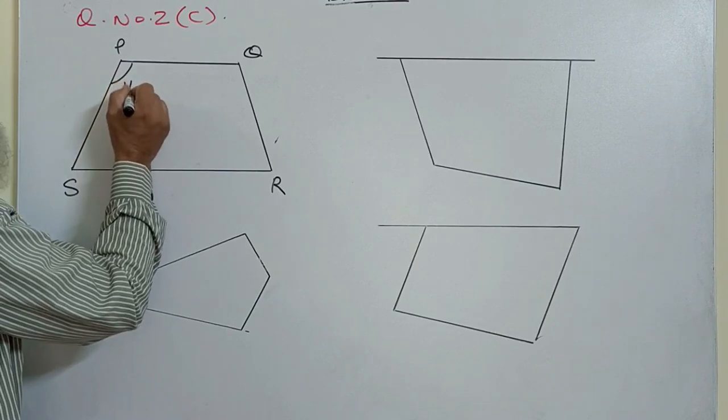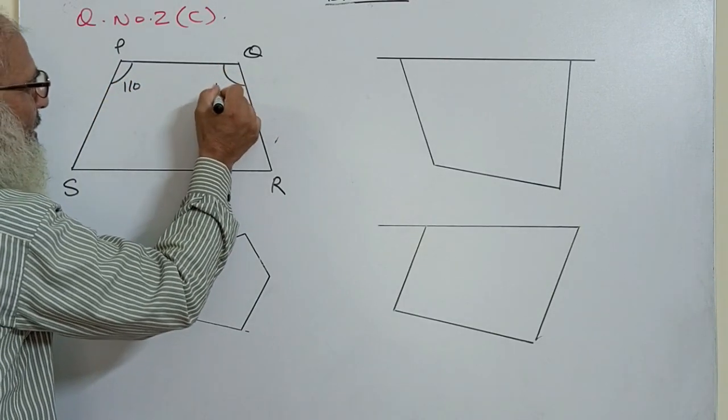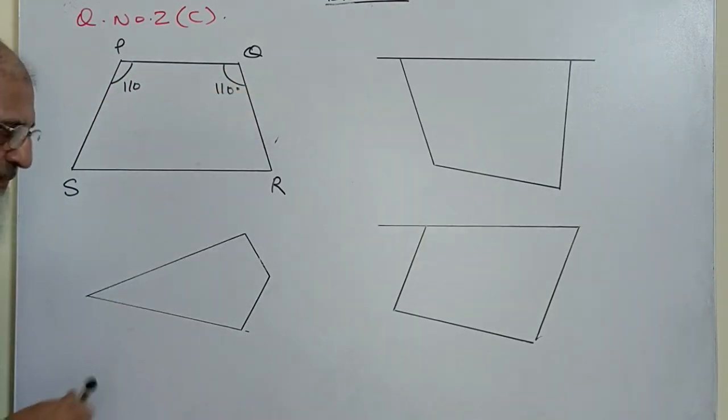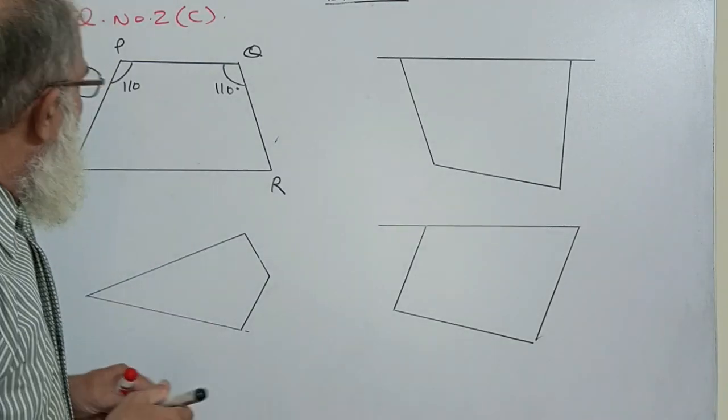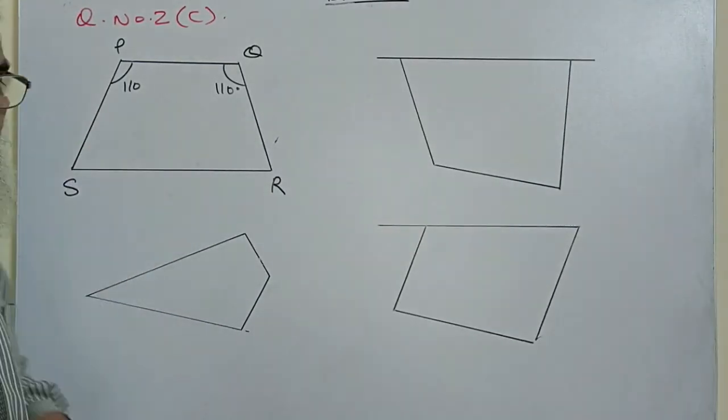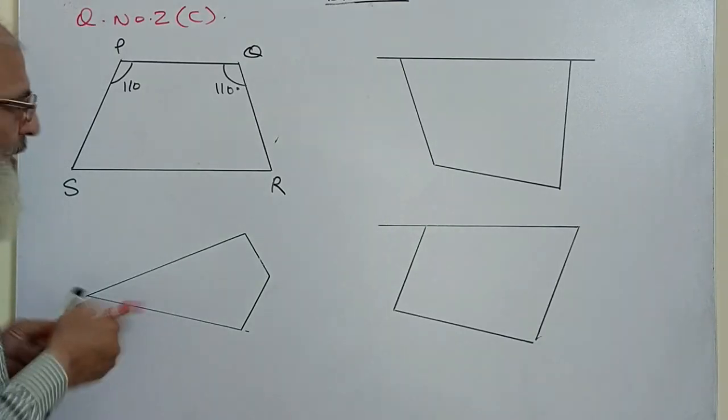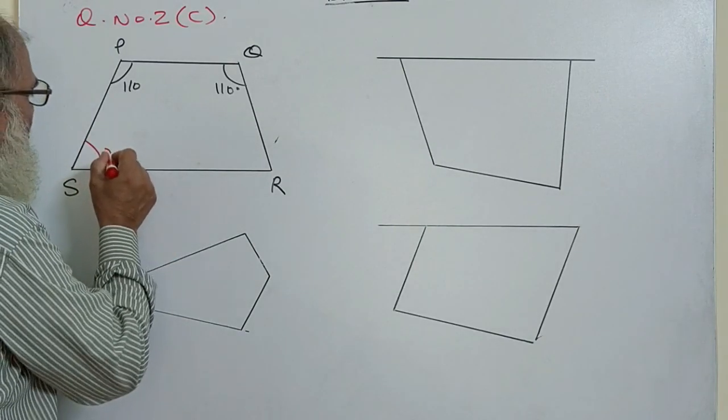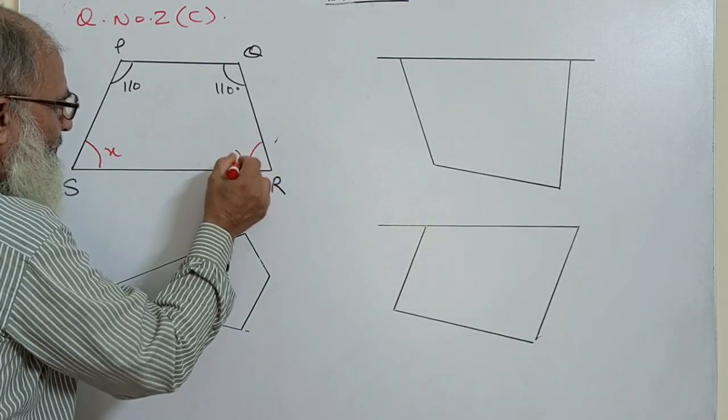This angle is 110 degree and this angle is also 110 degree. So this is the only clue which is given to us, and the asked angles are this x and this x.